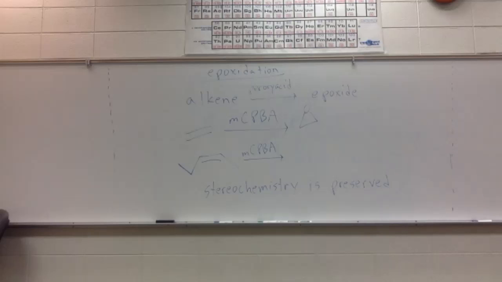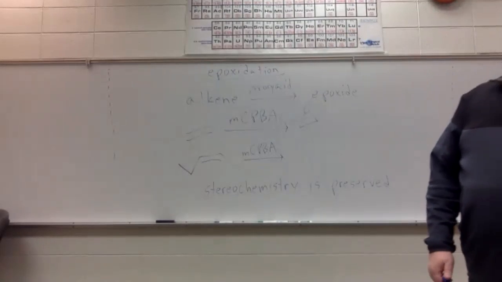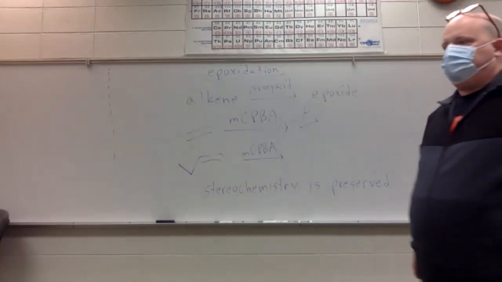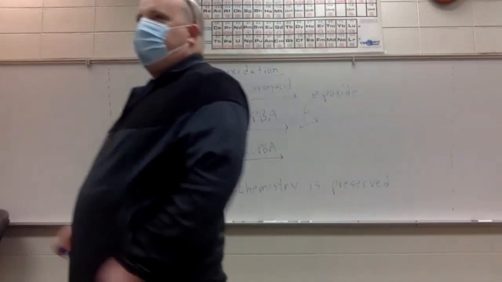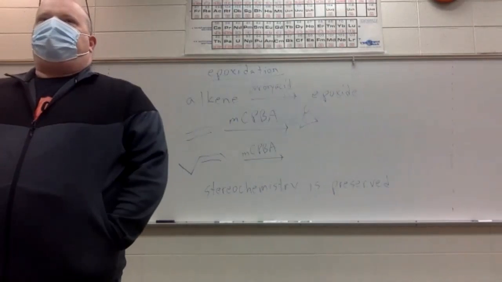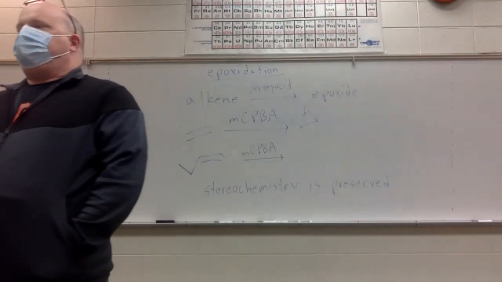Think about it. You have cis-trans, whatever, in an alkene. What's the other situation where you can look at cis-trans? What other type of molecular structures did we see cis-trans with? Oh, you guys are gonna hate yourselves.